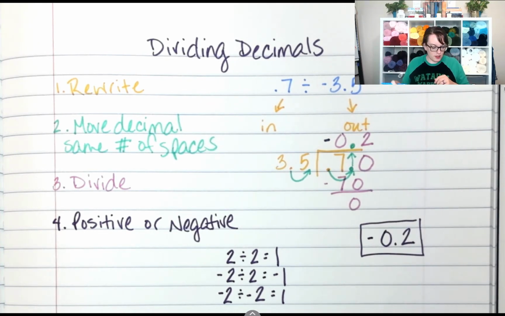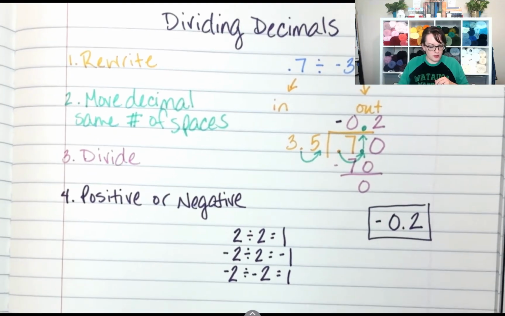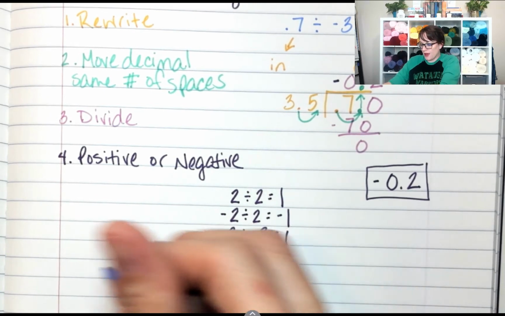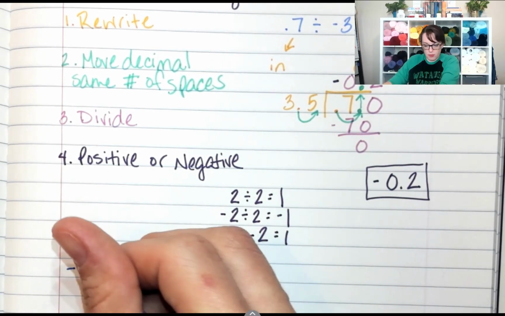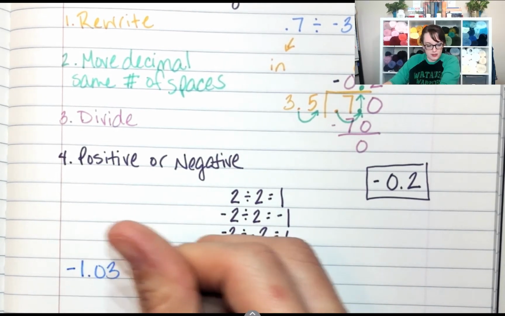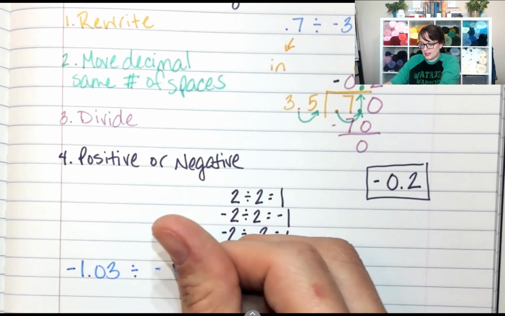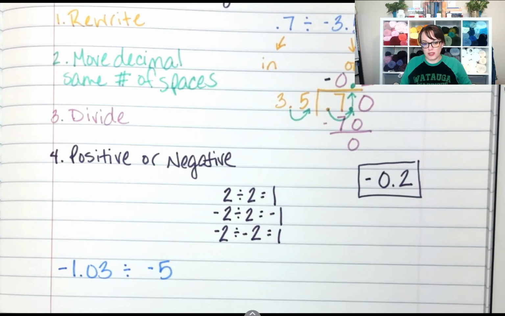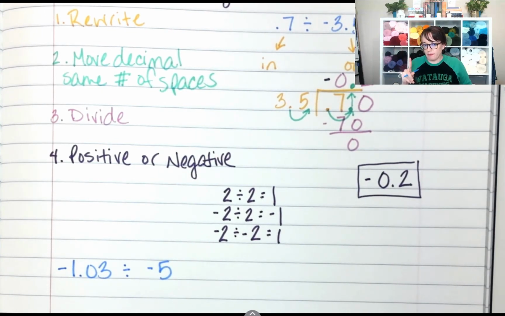If we have negative 1.03 divided by negative 5. What's my first step?